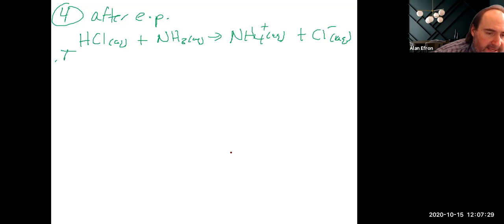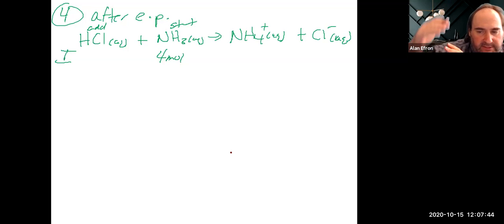Initially here, again, we're going to start with our made up 4 moles. Here we're adding, again, our HCl to it. So since we are past the equivalence point, we would expect now, because we're just dumping in a bunch of acid into that solution, to have more moles of what we're adding than what we started.